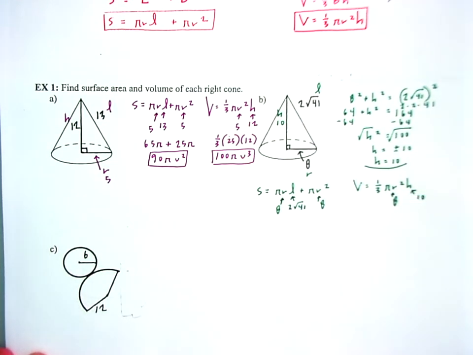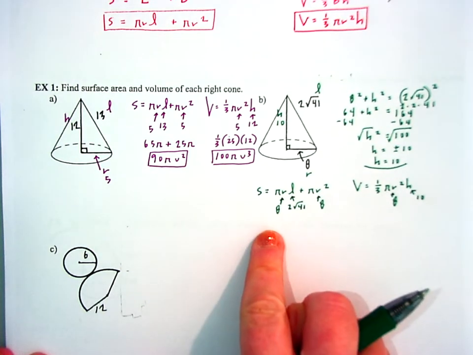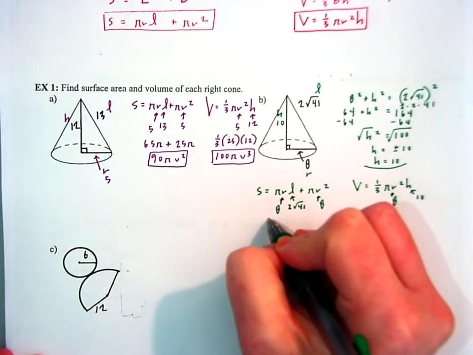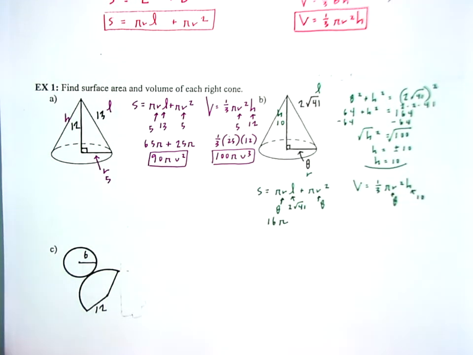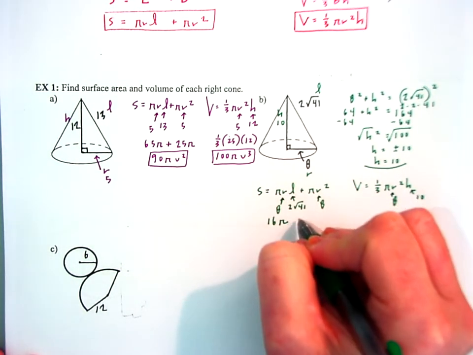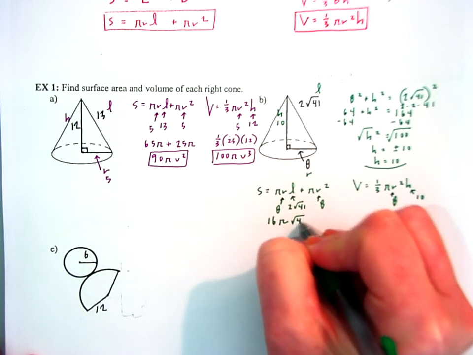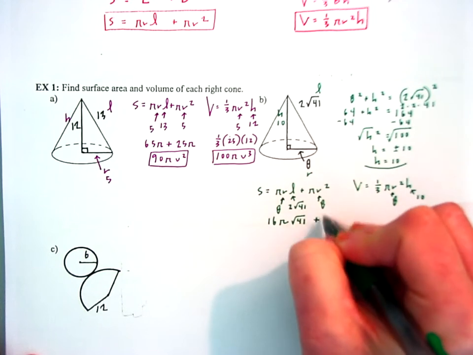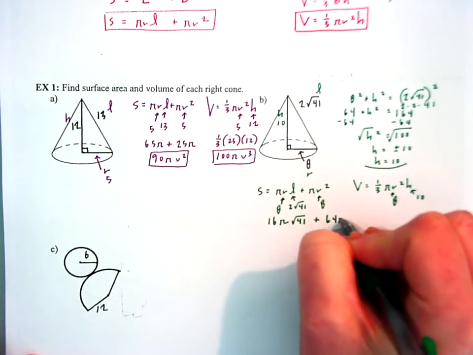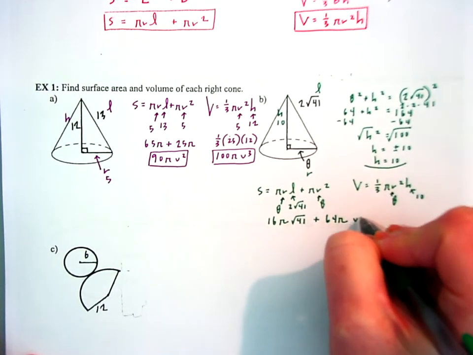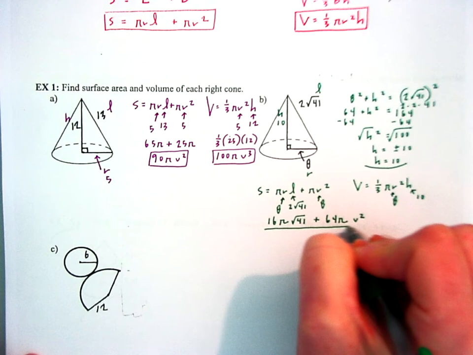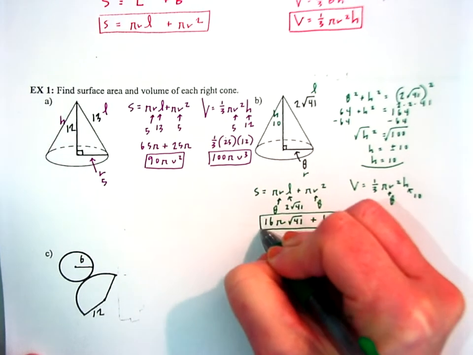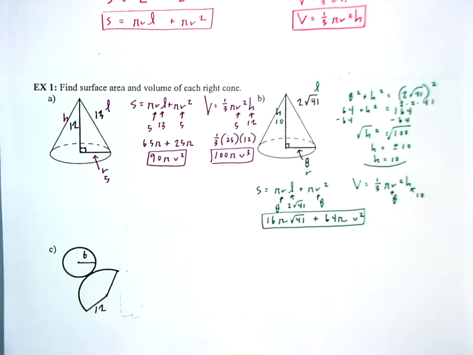Okay, so now as I multiply across, I have 8 times 2, so I have 16. I put the pi next just so it doesn't get interpreted as part of the radicand, the number underneath the radical. And then I put the radical part last. And then plus 64 pi. And then of course we're talking units squared. Okay, they were not like terms, so I couldn't consolidate.